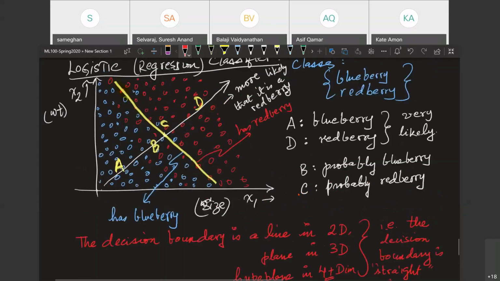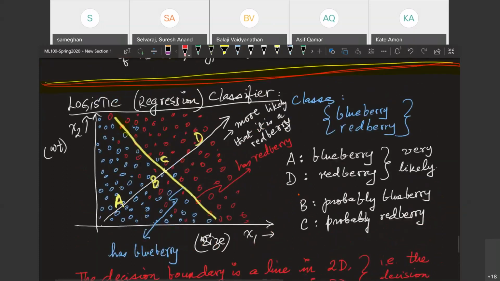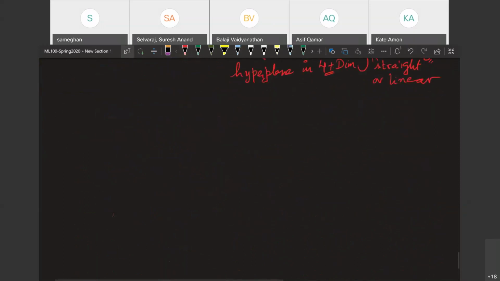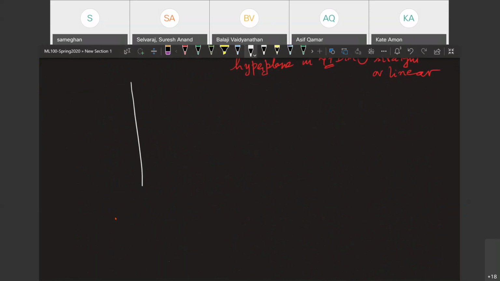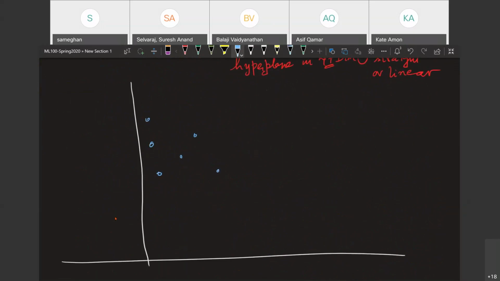What I will do is I will take this picture and reproduce it below because I want to give you a sense of how these things work. So I'm going to make a much bigger drawing of this. And I'll put fewer points of the blueberry, so that we have less clutter.